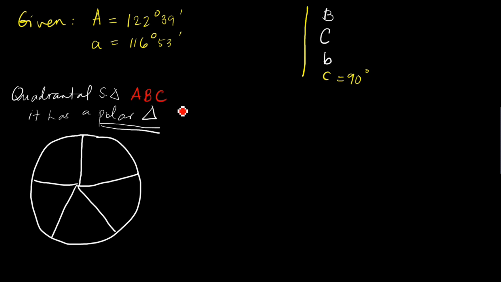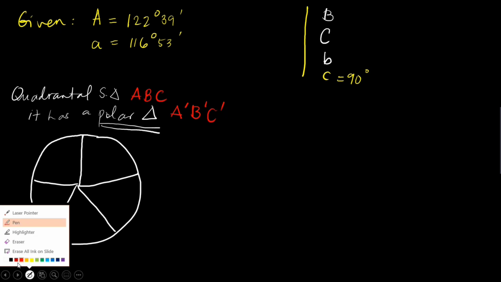So we have A prime, B prime, C prime. So since our circle is the circle of the polar triangle, it means that all the parts of this circle will have the prime too.